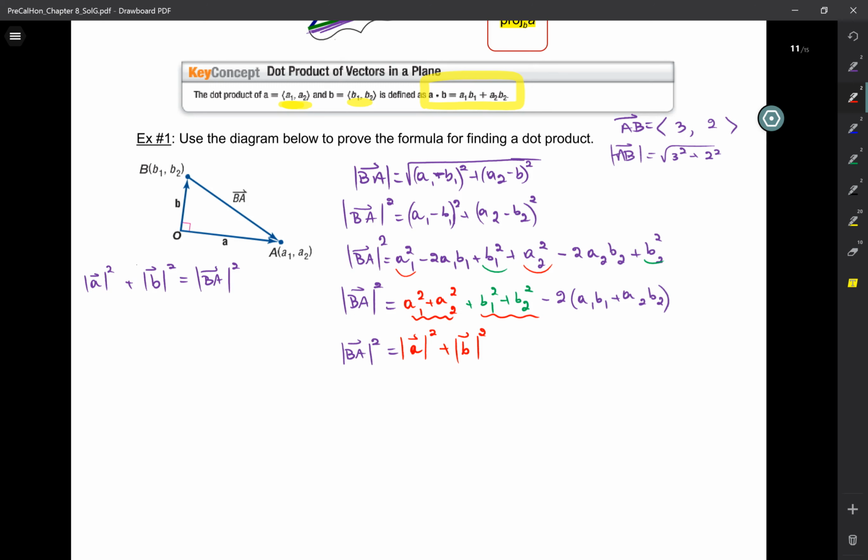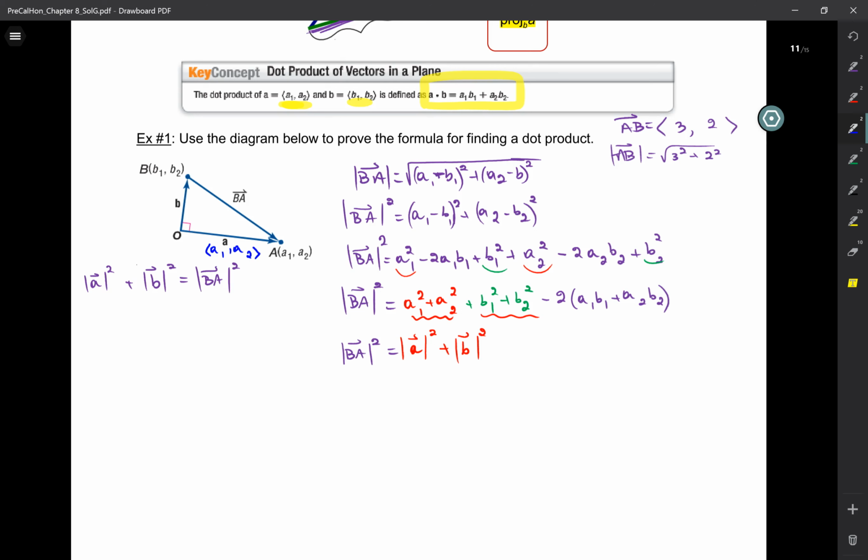Because if this is vector A, then it's A1, A2 in component form. And if I wanted to take the magnitude of it, it's the square root of A1 squared plus A2 squared. That's the magnitude. So this is just the length of A squared, the length of B squared, okay?